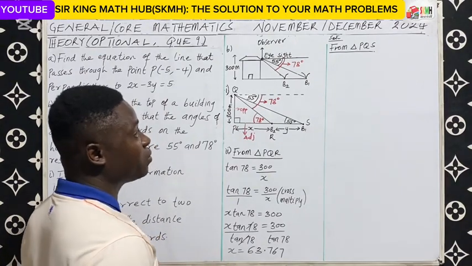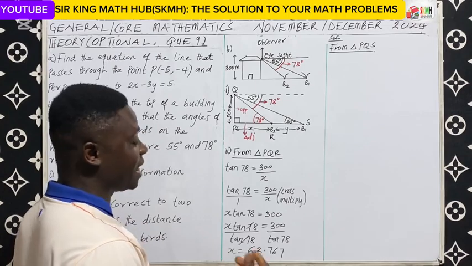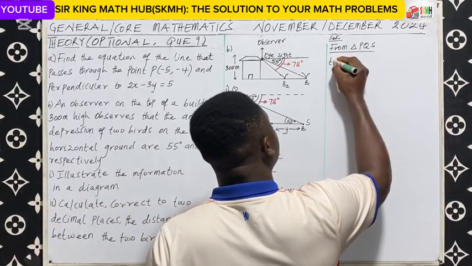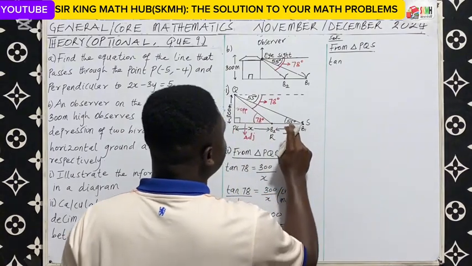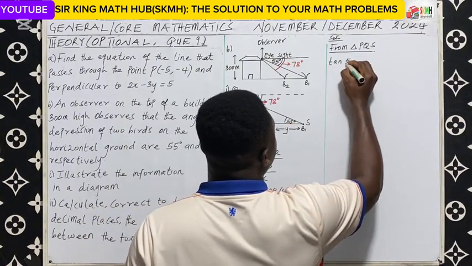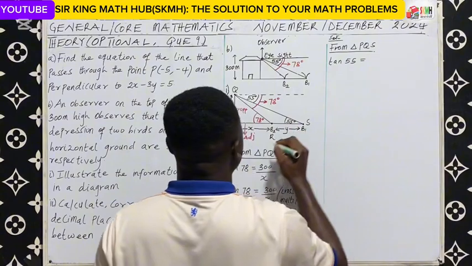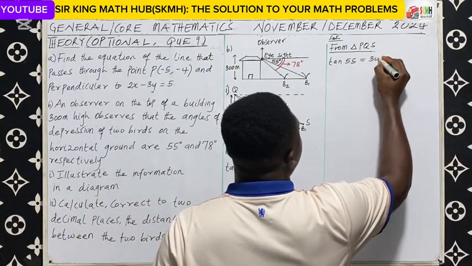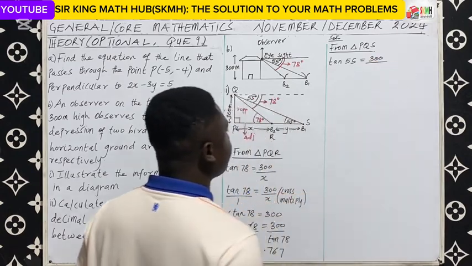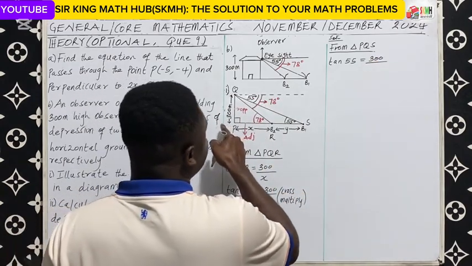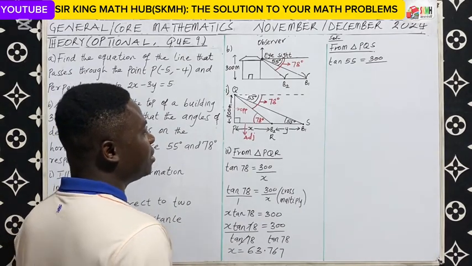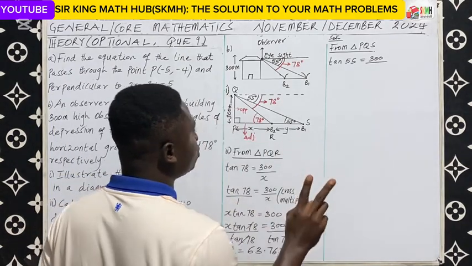So from SOHCAHTOA, we see that TOA has opposite and adjacent. And what does TOA say? TOA says that the tan of the acute angle, in this case tan 55, must be equal to the length of the opposite, which is the height of the building, 300, divided by the length of the adjacent. At this time, what is the length of the adjacent? The adjacent has been divided into two.